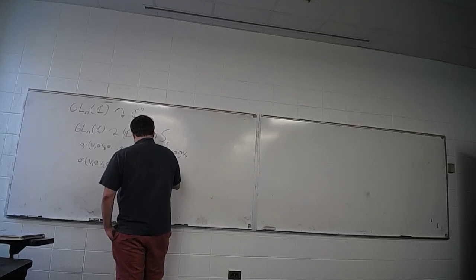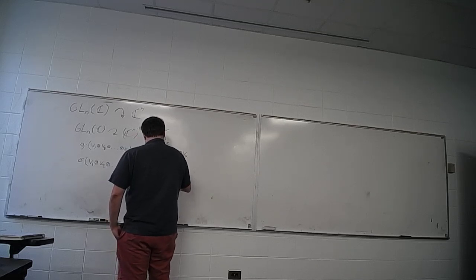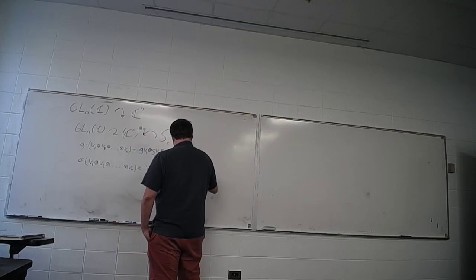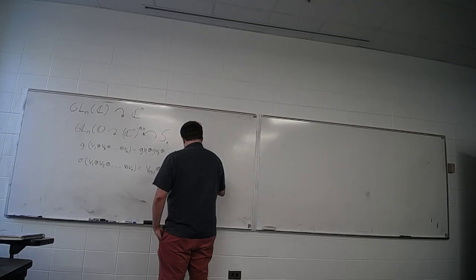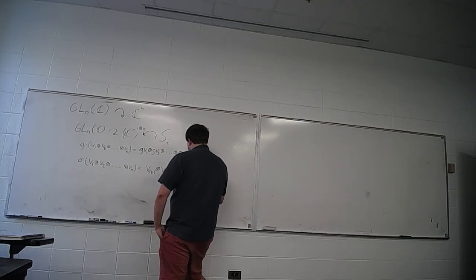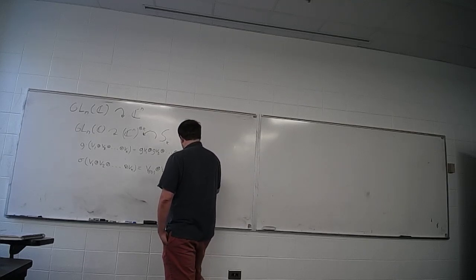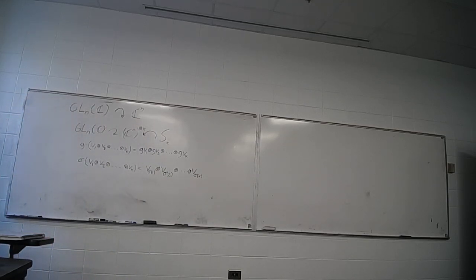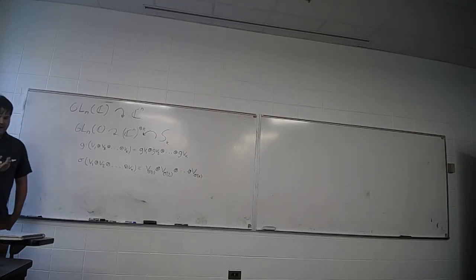So it's v_1 tensor v_2 and so on, permuted. Right, so I have these two actions, of the general linear group and the symmetric group, on the same space.